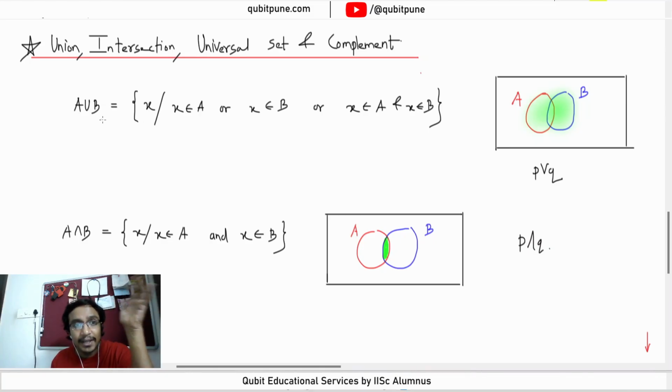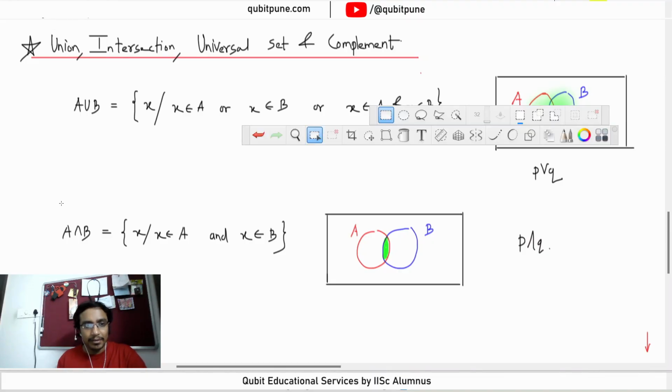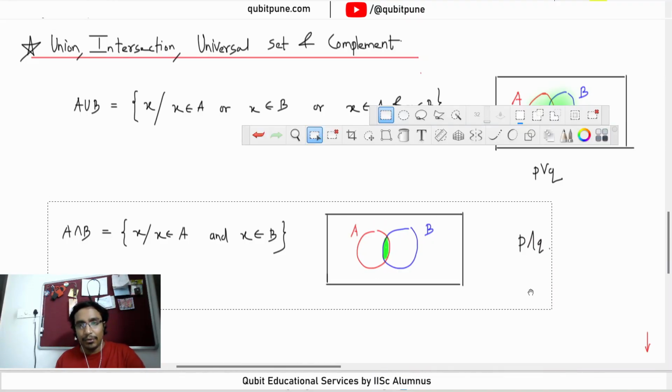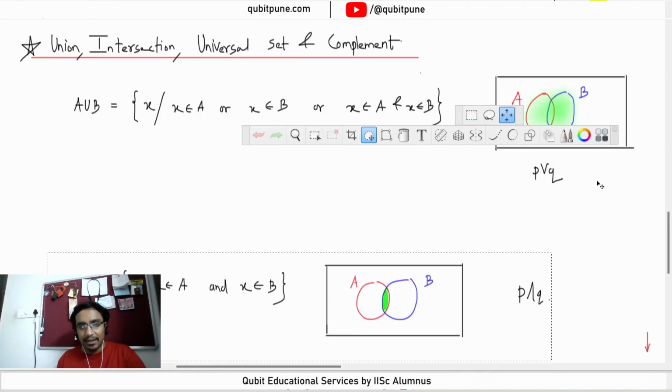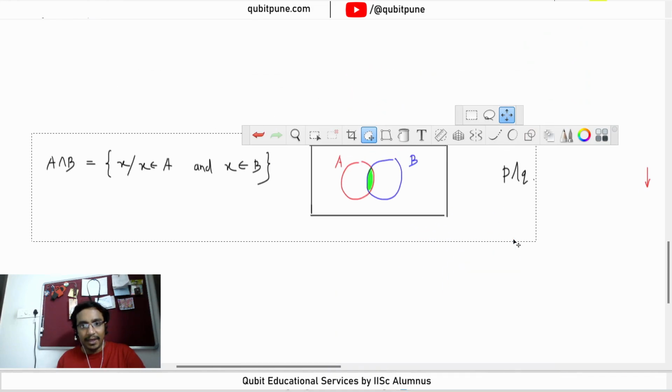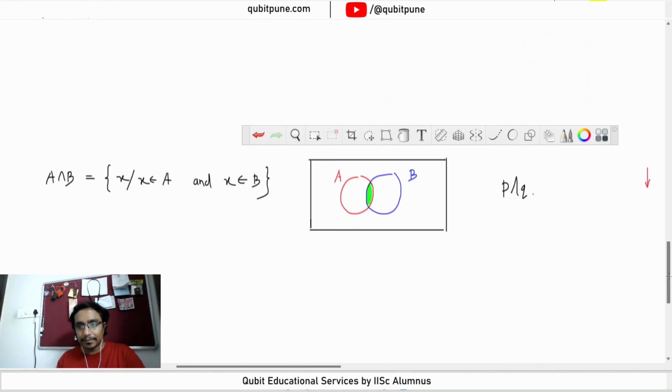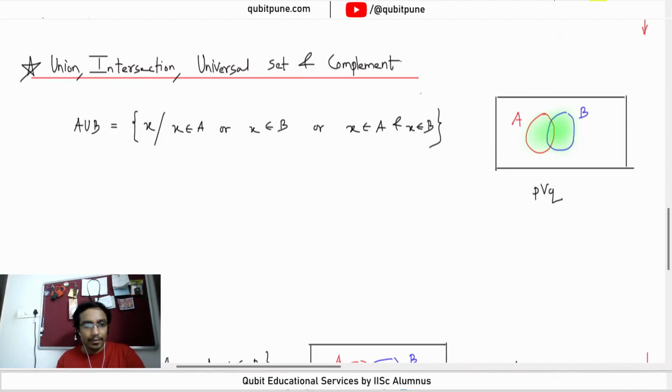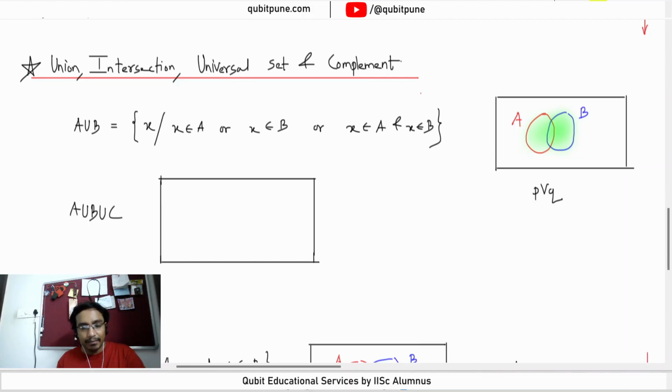Just like we have defined A union B, we can also define A union B union C. You can try that as homework, or let us do it here. Can we show A union B union C on a Venn diagram? We can, right? Suppose I want to show A union B union C. I will highlight everything that belongs to that.